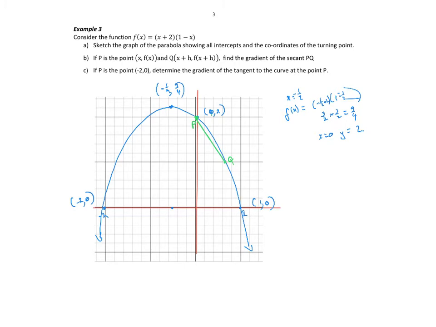So the first coordinate was the point x, f of x. The second coordinate was x plus h, f of x plus h. Now the gradient of the line.